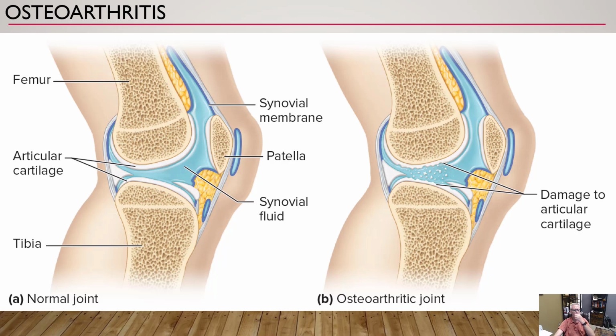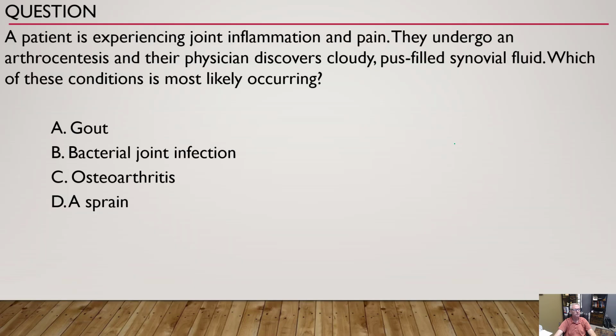All right, so osteoarthritis. Remember, osteoarthritis is a degenerative disease of the articular cartilage, what's at the ends of the epiphyses. And here it's just degenerating or breaking down. All right, so a patient is experiencing joint pain and inflammation. They undergo an arthrocentesis.